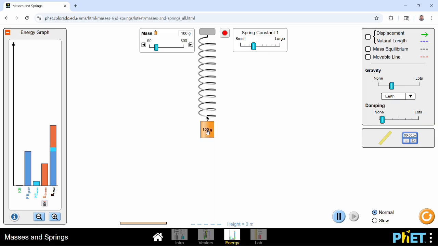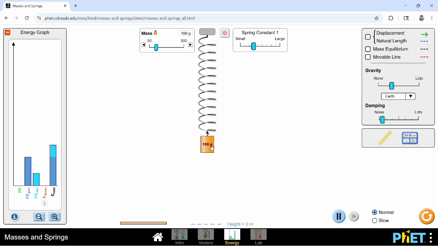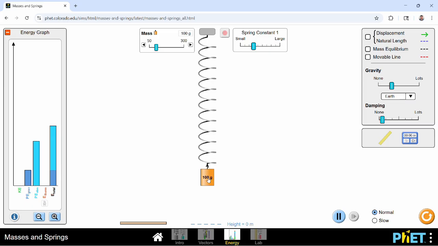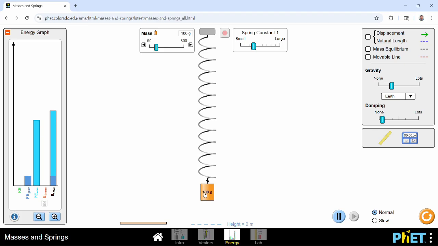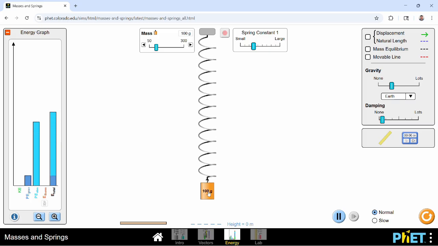That's where you see the explanation of what's happening behind the scenes. When I pull this mass down, the first thing you will see is an overall increase in total energy. What they are labeling as the PE graph and PE elapse are doing something a little bit complicated, and I'll go into those complications later: one is decreasing, the other is increasing.